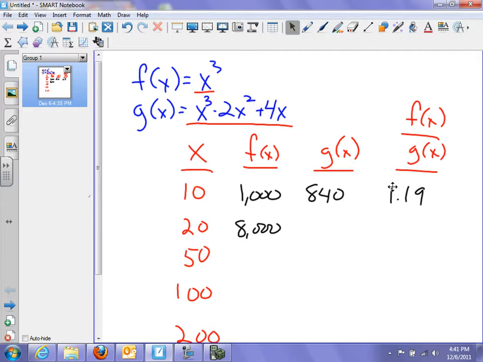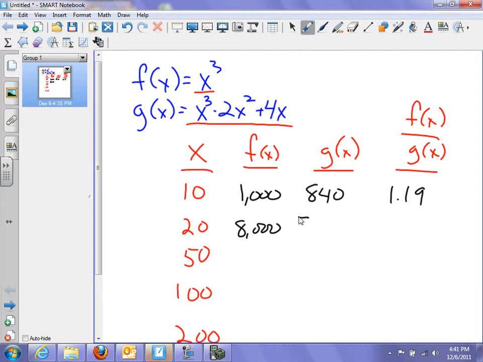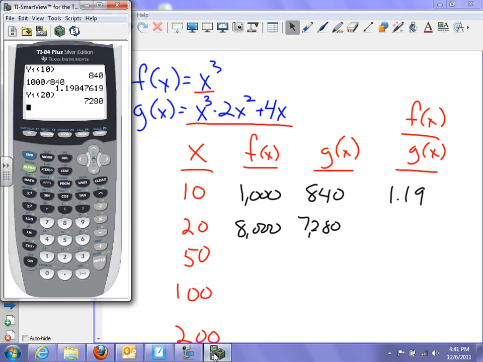For g of x at 20, alpha F4, y1, parentheses, evaluated for 20, enter: 7,280. So 8,000 divided by 7,280 is 1.098.